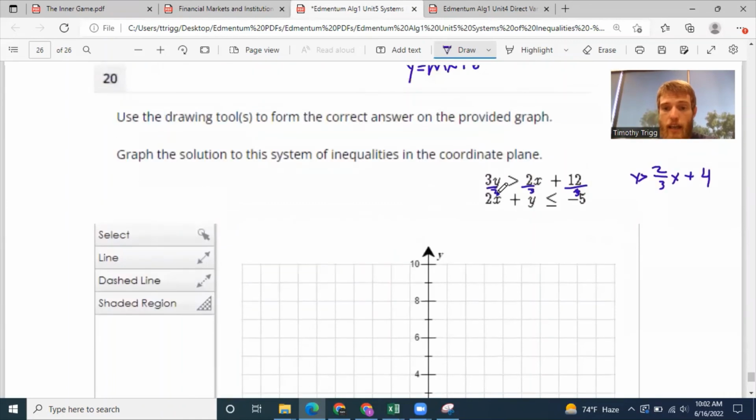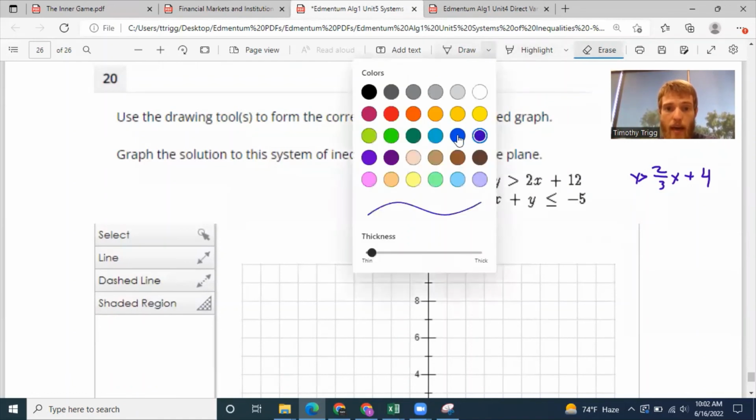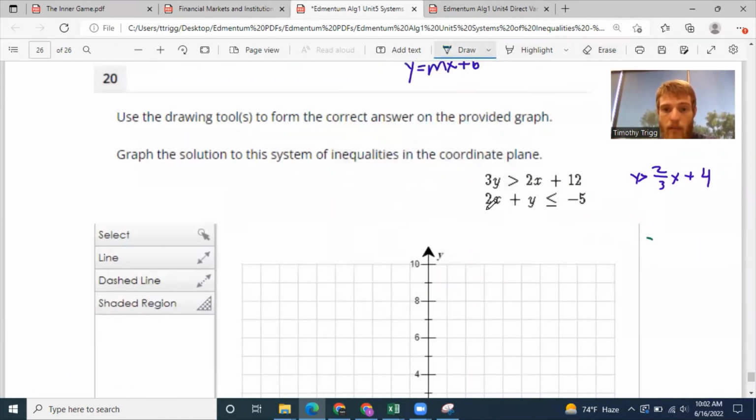Now for the second inequality, how would I get y by itself? Well, to get y by itself, I need to get rid of this 2x. So we're going to subtract 2x on both sides of the inequality. That's going to be y is less than or equal to, I'll put the negative 2x first, and then minus 5.